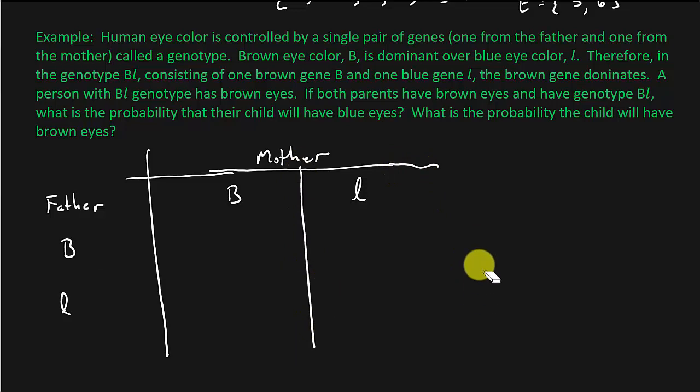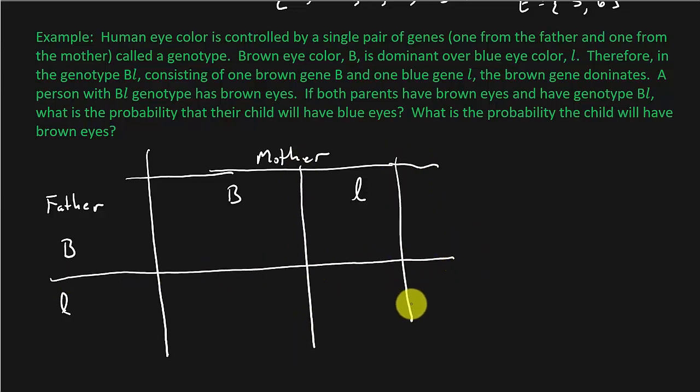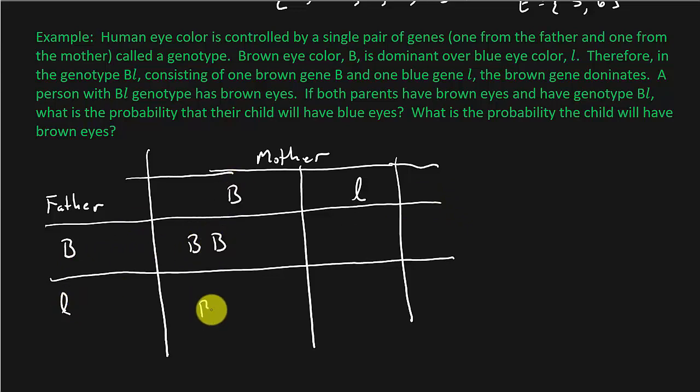Let me make that line a little shorter. All right. So if we match this, we've got BB. Here we have BL, BL. Here we have BL. See where they intersect, BL. And then this one, LL.